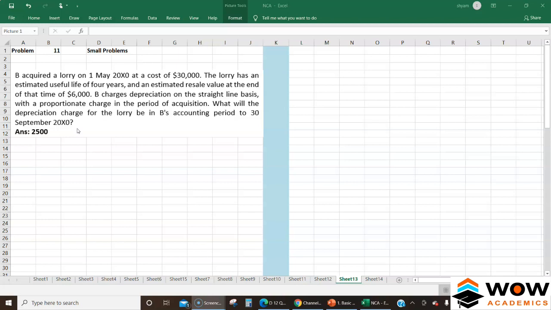So we'll start. I think it's a small problem only. The machine was purchased on 1st May at 30,000. Life is 4 years. So we first have to find out the depreciation per annum, and once we find that, we can proportionately charge.